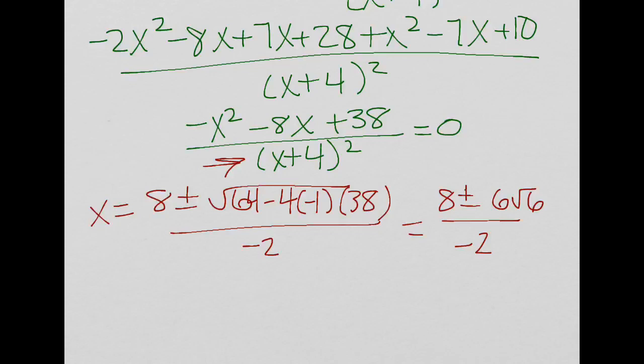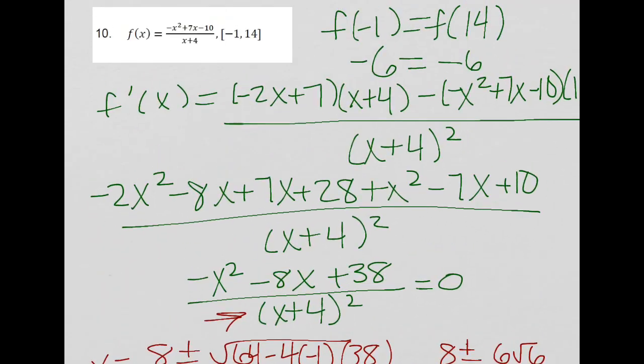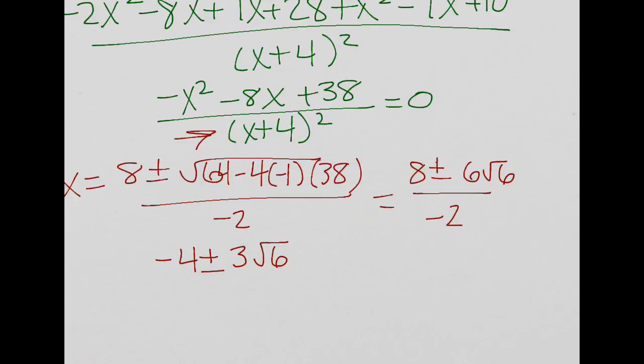So that becomes negative 4 plus or minus 3 square root of 6. So I have to look in my interval. 3 square root of 6 is going to be like 7 something. My interval is negative 1 to 14. So I'm only going to want the positive version of that, the addition version. So that would be my answer.